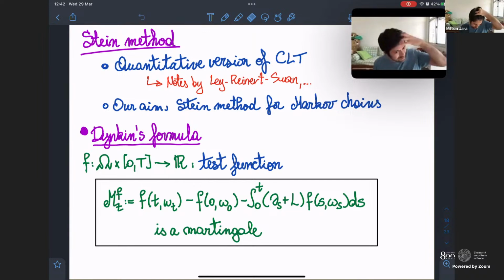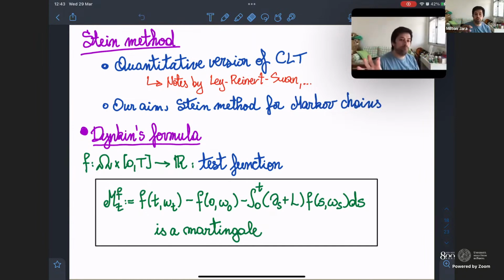So we start with Dynkin's formula. One way which is very powerful and very fruitful to analyze Markov chains or Markov processes in general is through martingale problems. You want to show that some object has a limit, for example a Gaussian limit, and what you do is write the object that you want to show converges to Brownian motion or something like that as a martingale plus a rest.